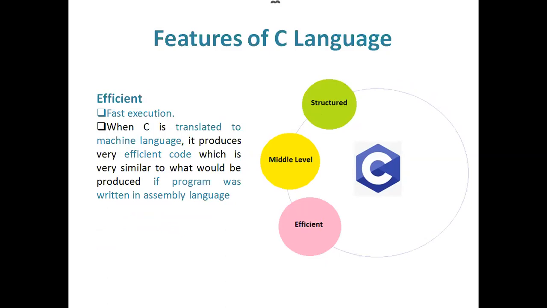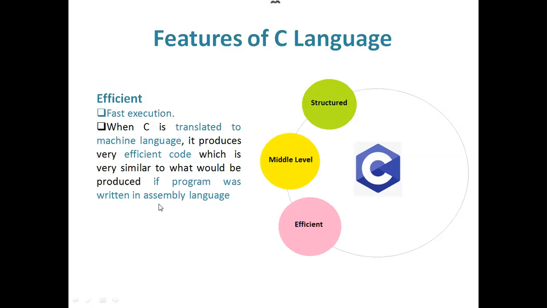Now, the third feature is that it is very efficient, meaning that the execution is very fast. When C is translated to machine language, it produces very efficient code. If you write a program in assembly language and then translate it into machine language, the code will be very similar to the one produced by translating C language.